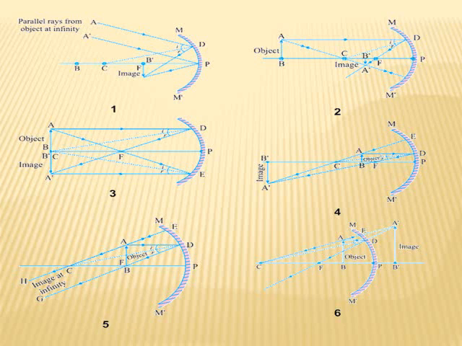As an assignment, you have to draw all the 6 diagrams on an A4 sheet paper, and you have to write the nature of the image formed. The nature of the image means whether it is virtual or real, whether it is enlarged or diminished, and where it is formed. All this information gives the nature of the image.